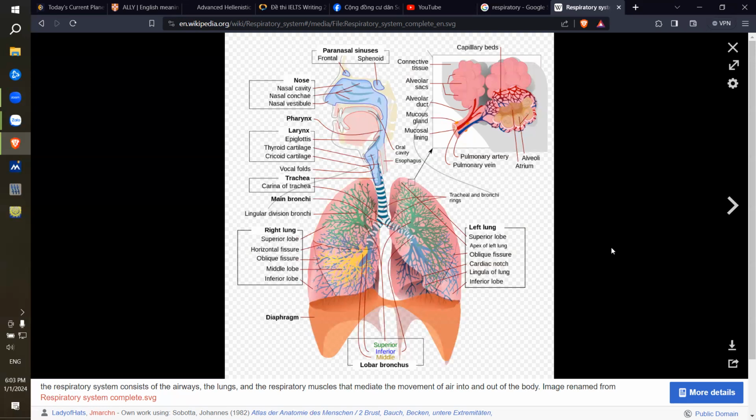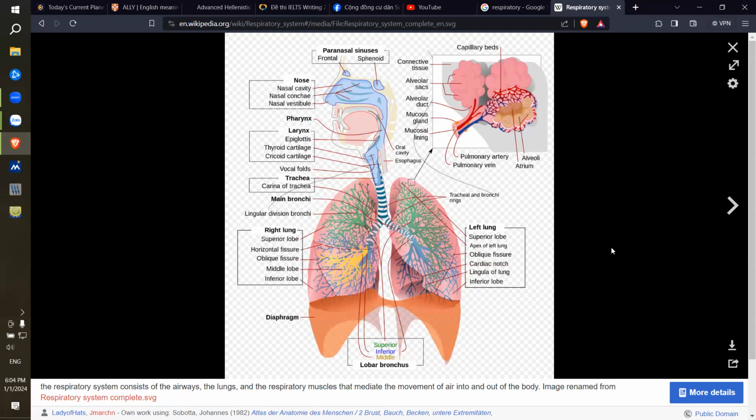Okay, next please. Now I'm going to talk about gas exchange. Gas exchange takes place in the lungs, specifically in the alveoli, right?